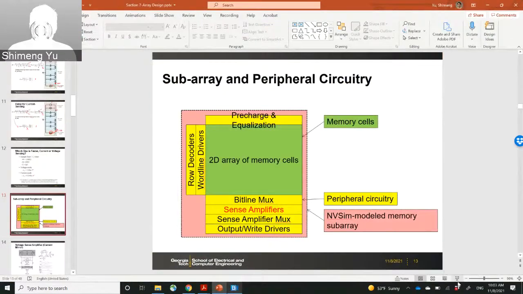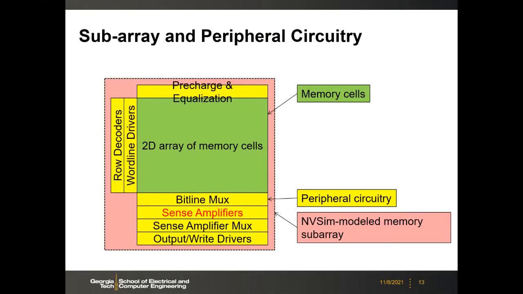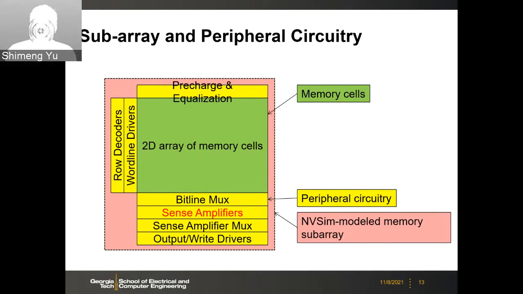Next, we will spend more time on the sense amplifier. This is the most critical component in the peripheral circuits. And also this is the component that has the most variations and different designs. Because the decoder, the driver, and the mux are pretty standard CMOS logic, you don't have too many variations of those designs.